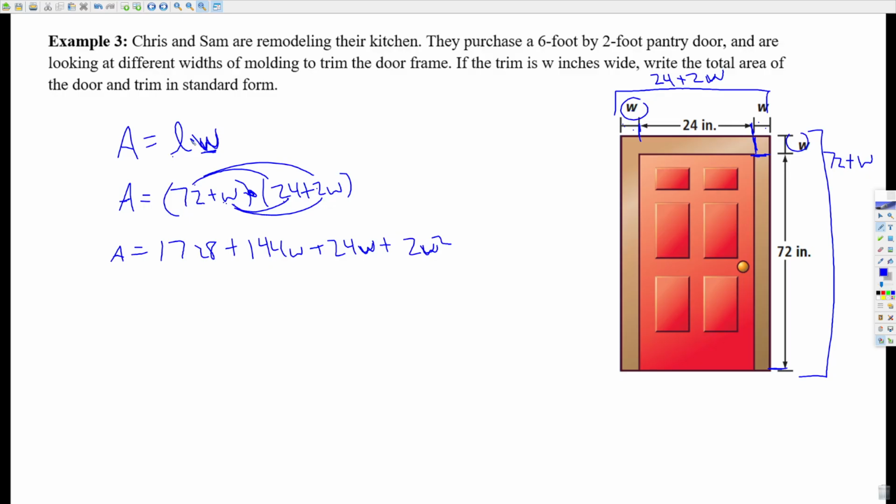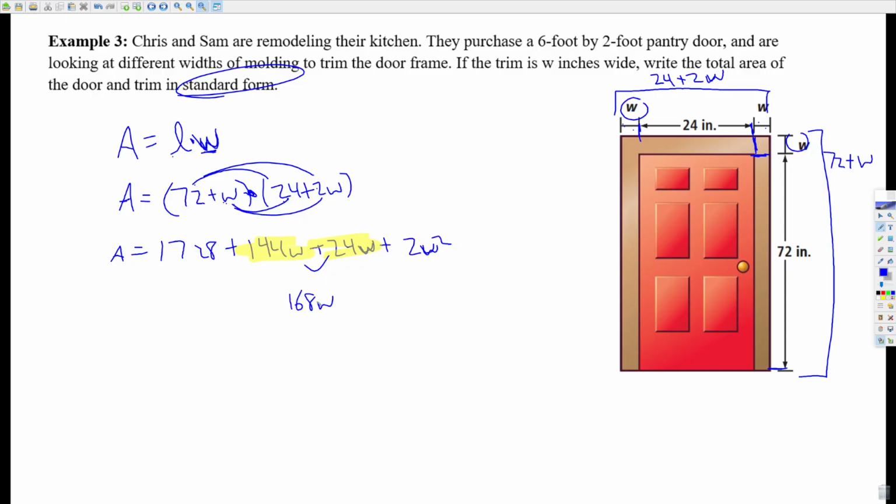The last thing we have to do is simplify a little bit and write it in standard form. So if you look at this, we actually have 2 terms that have W on them. These are like terms. They can be combined. Nothing can be combined with a W squared because there's no other ones, and then this one doesn't have a W at all. So we're going to combine those and also put it in standard form at the same time. So if we combine 144 with 24, that'd be 168.